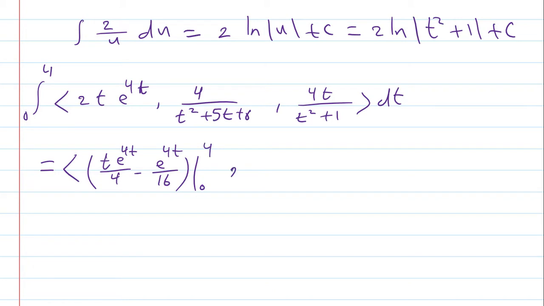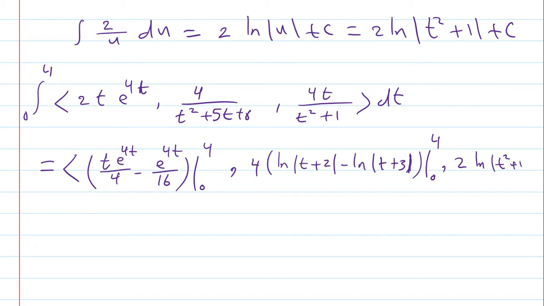The second component is equal to 4 times ln absolute value of t plus 2 minus ln of t plus 3, and we are going to substitute as well from 0 to 4. Finally, the third component is 2 ln of t squared plus 1, and don't forget that you are going to substitute from 0 to 4.